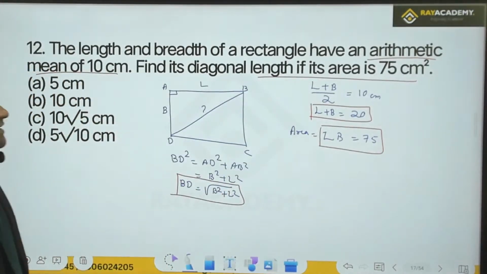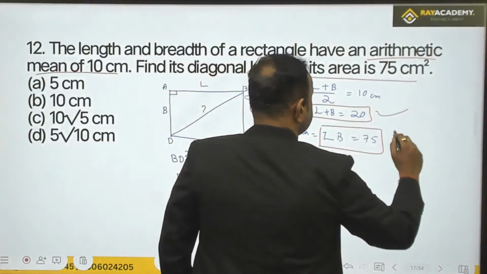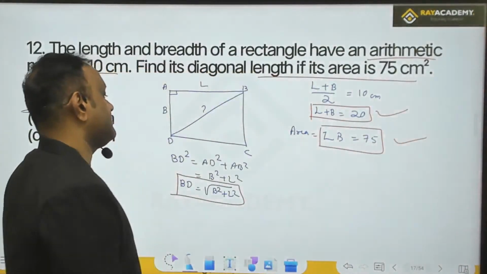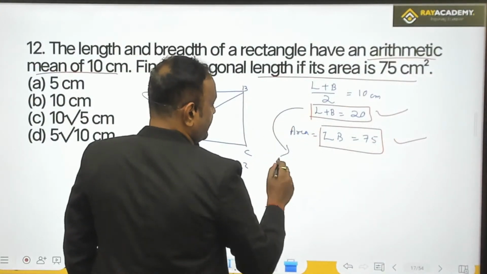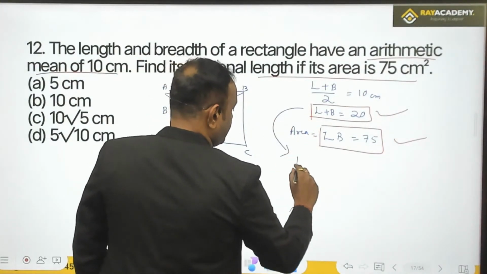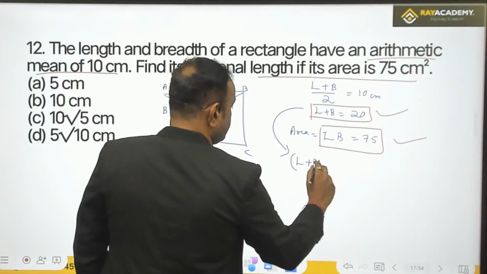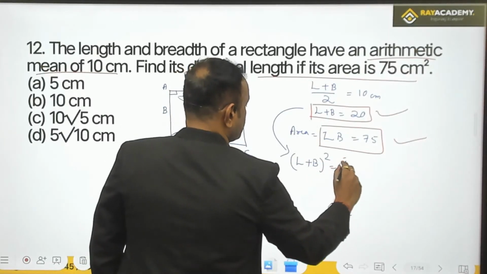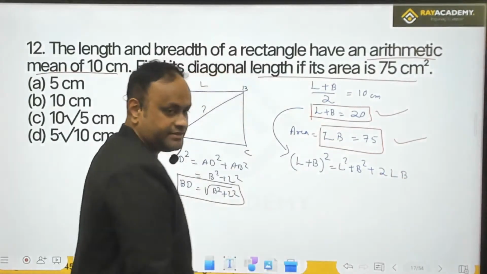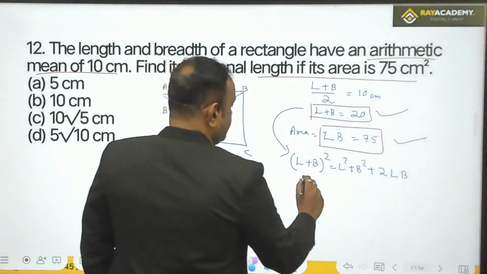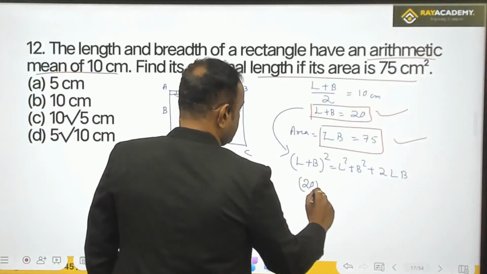Given L plus B and LB, what do we do? Use the formula, no need to solve for L and B separately, that will take longer. L plus B whole square formula you know, that is L square plus B square plus 2LB. L plus B whole square is 20 square.